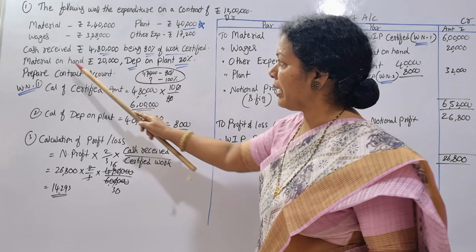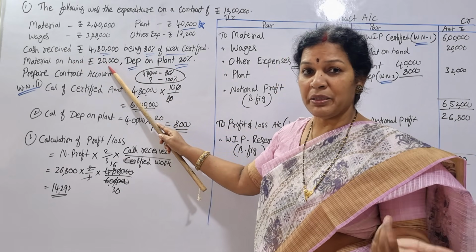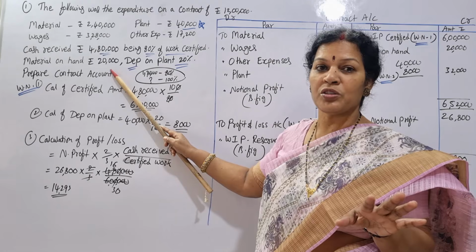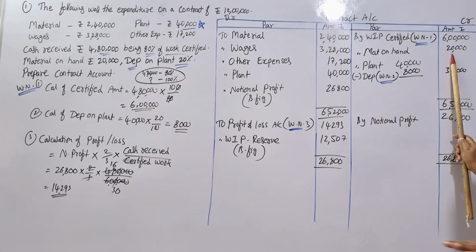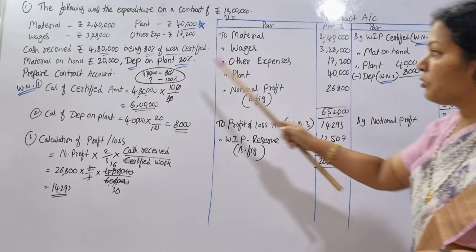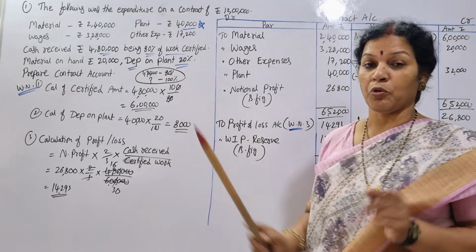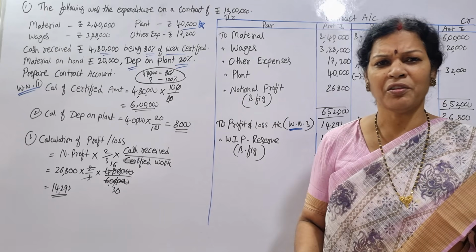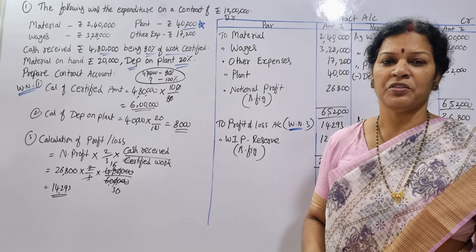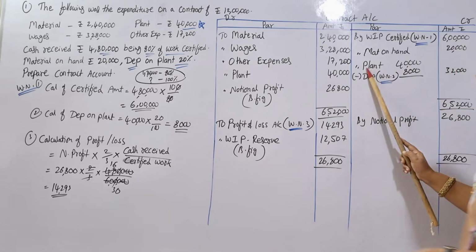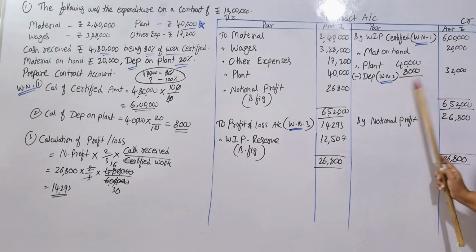And depreciation on plant, material on hand. Material on hand means at the end of the year, closing material. Also depreciation on plant. Plant value is 40,000. Opening is 40,000, closing is also 40,000, but this is depreciation, so we will deduct it. Plant 40,000 minus depreciation.